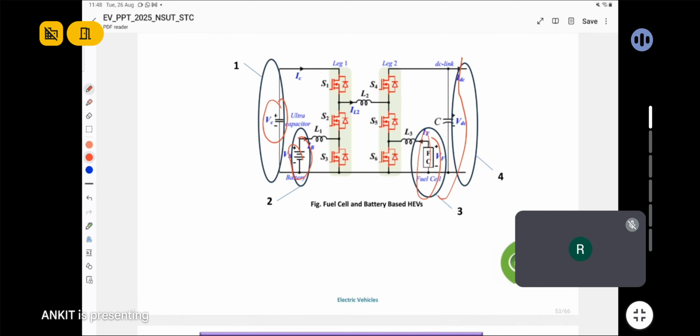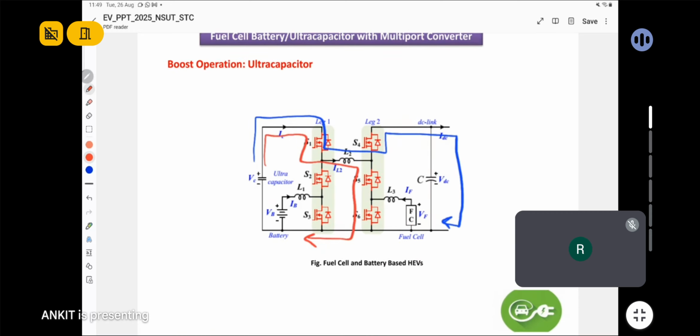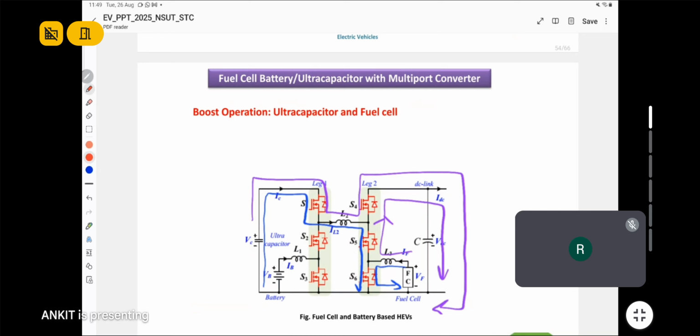So in different modes of operation, the converters will work. Here, boost operation will take place from the ultra capacitor when switch S1 is turned on permanently, and switches S5 and S6 are PWM operated.